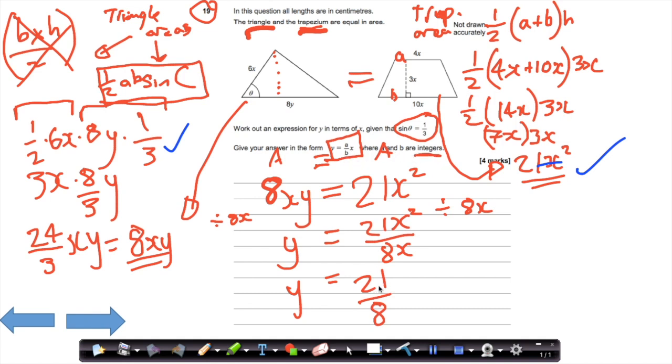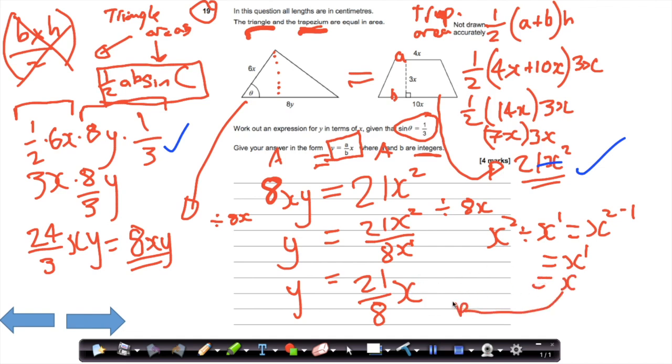Well, these are integers, they're whole numbers. So we've got x squared over x, and if you remember your indices rules, x squared over x is x to the power of 2 divided by x to the power of 1. So 2 minus 1 equals x to the power of 1, or just x.